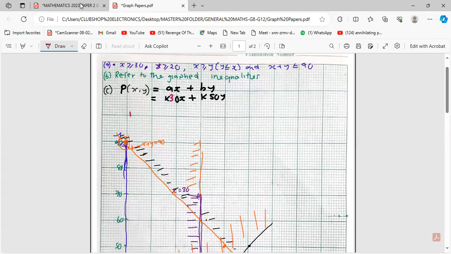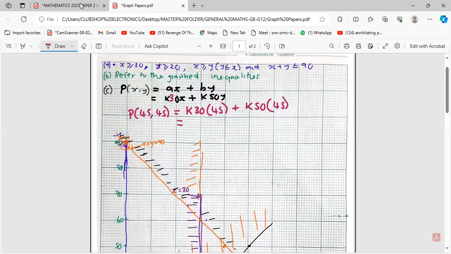All right, so you say 45, 45 gives 30 by 45 plus 50 by 45.